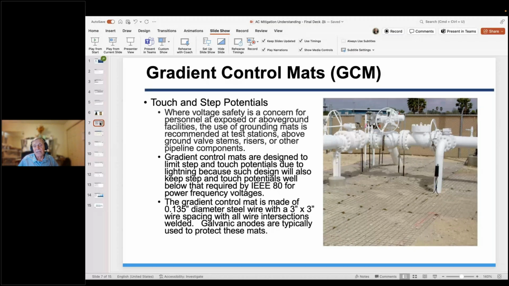What you're trying to do is make a high resistance situation so the personnel don't get shocked. This should be considered first before you do anything. If you have voltages that are over the 15-volt AC range, this is a different type of animal. You need to be thinking about these at test stations and areas like that, above ground valve stems we mentioned, at risers and other pipeline components or appurtenances that are above ground.